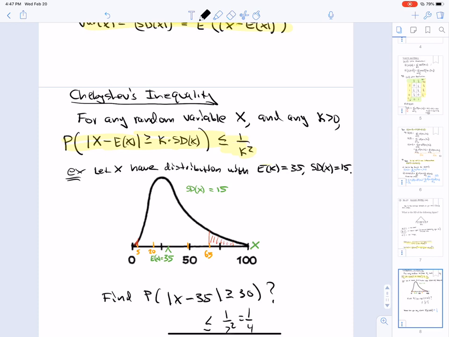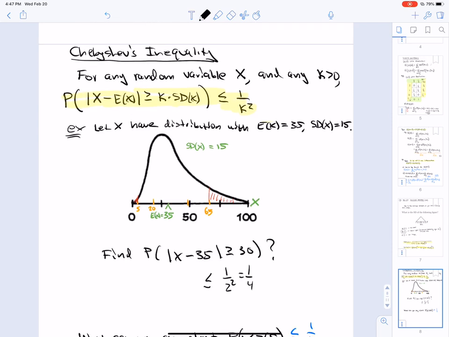So for example, in this picture, where the expectation is 35 and the SD is 15, the probability to be more than 30 from the mean, in other words, less than 5 or greater than 65, is, so we see that k here is 2, because the SD is 15 and 30 is 2 times 15, so it's less than or equal to 1 over 2 squared, or 1/4.